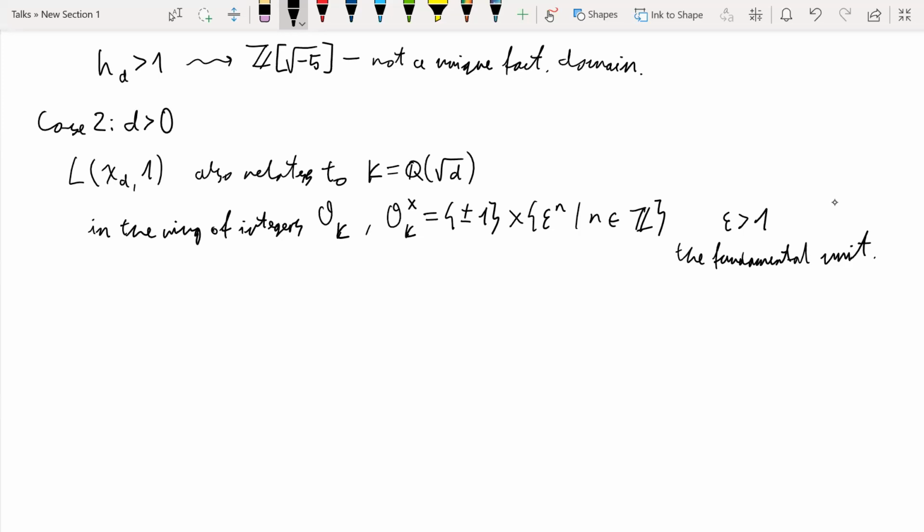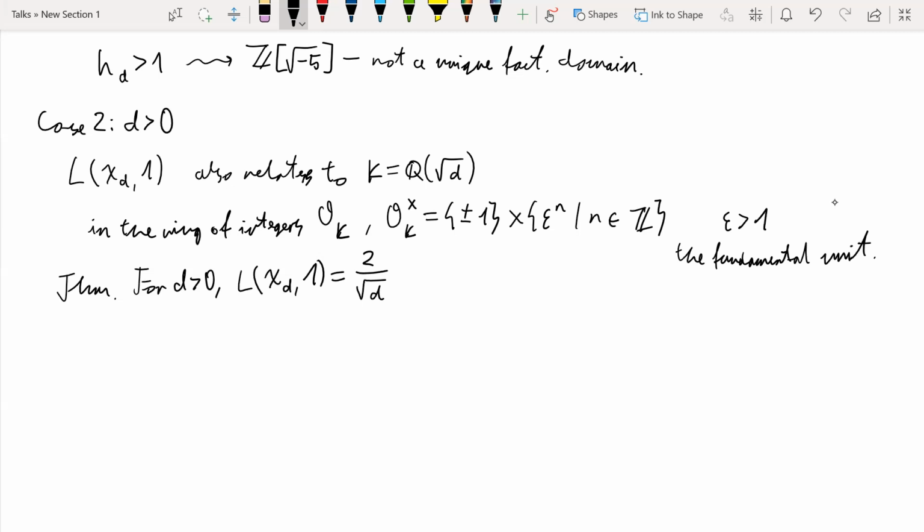And in this case, the theorem takes the following form. For d greater than 0, L of chi d at 1 is equal to 2 divided by square root of d.